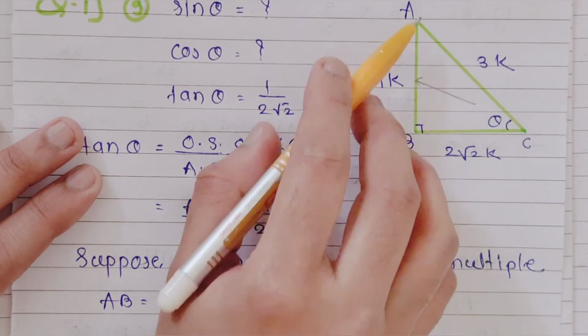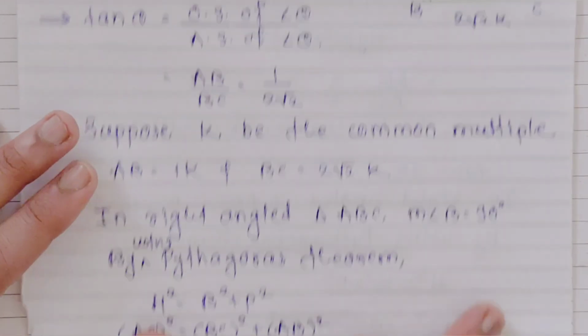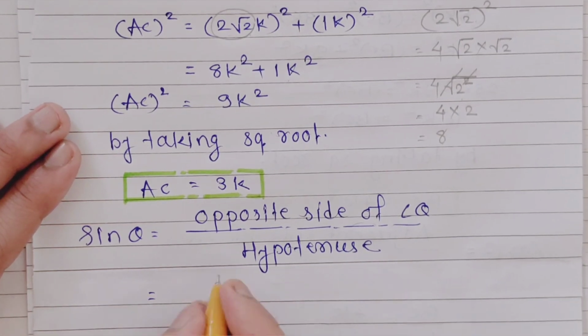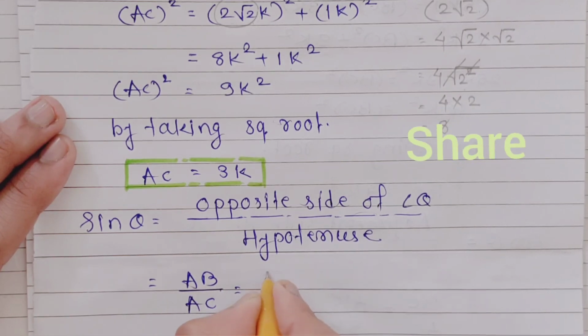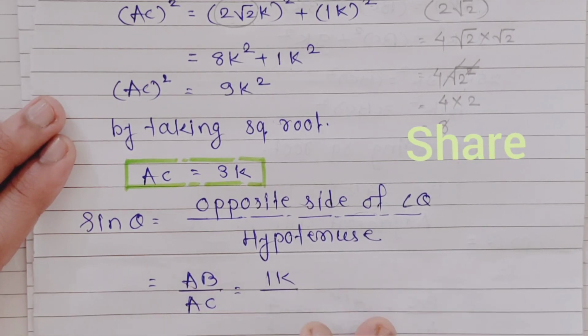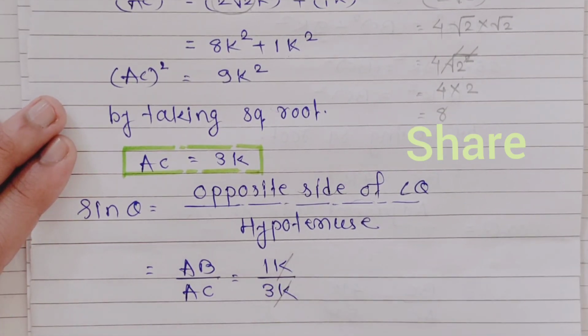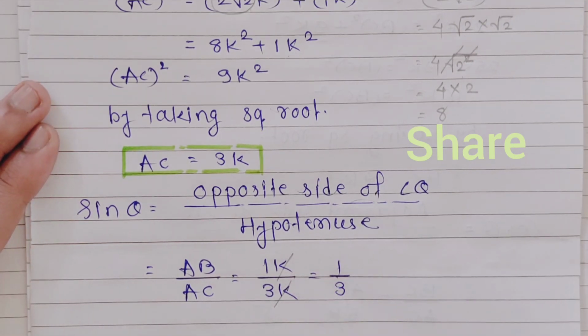So the ratio is AB upon AC is equal to 1K upon 3K. So sin theta is equal to opposite side, that means AB, upon hypotenuse, that means AC. And AB is equal to 1K, AC is equal to 3K. So K cancels with K, remaining 1 upon 3. It is nothing but sin theta.